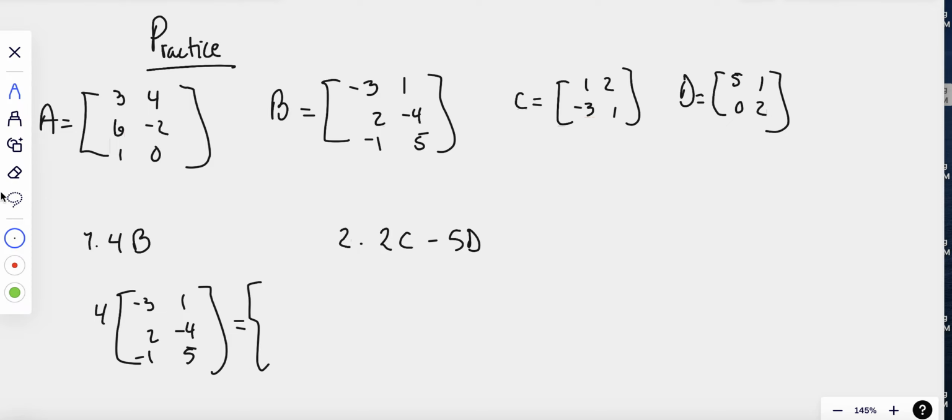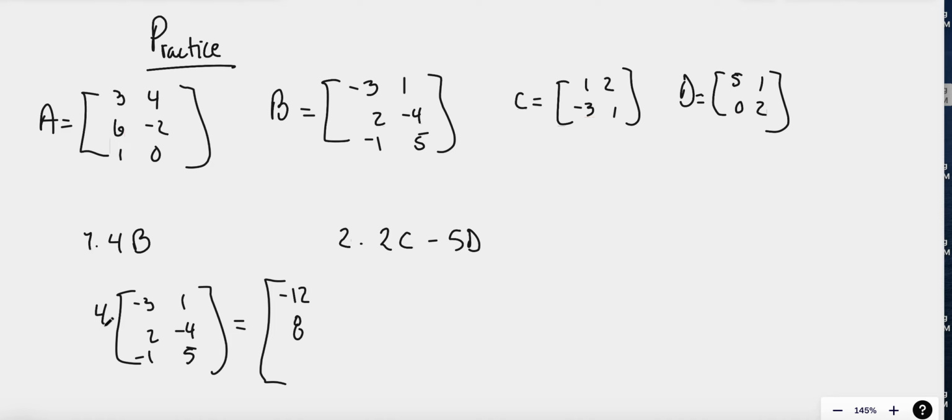I don't know why my brackets keep looking a little bit strange. Okay, 4 times -3 is -12. 4 times 2 is 8. 4 times -1 is -4. 4 times 1 is 4. 4 times -4 is -16. 4 times 5 is 20. And that is the answer for number 1.